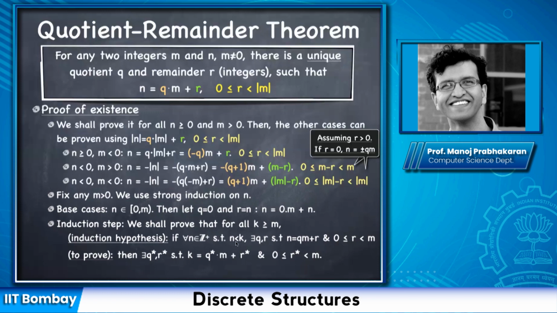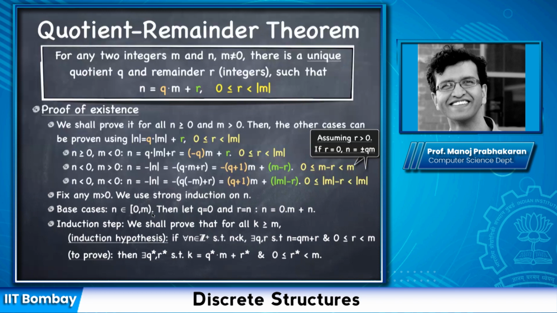And be careful here that the range matches up with the base case. Indeed, for the very first case, k equal to m, my induction hypothesis only requires that it holds for n strictly less than m, which I have already covered in the base case. So this is fine.